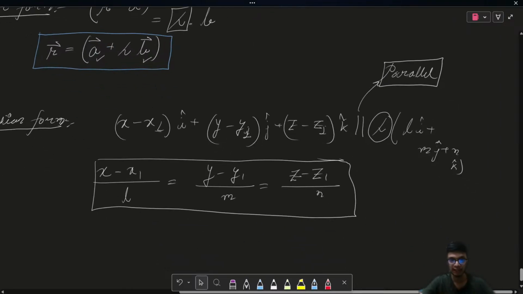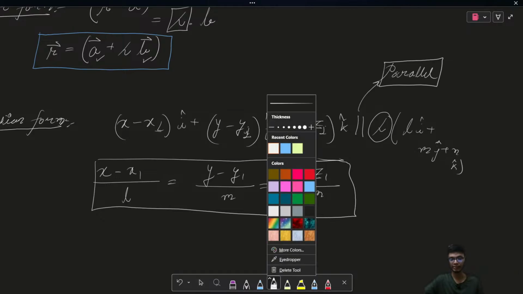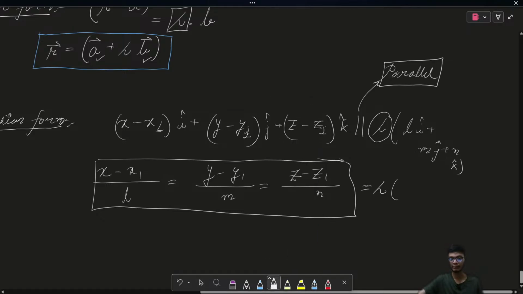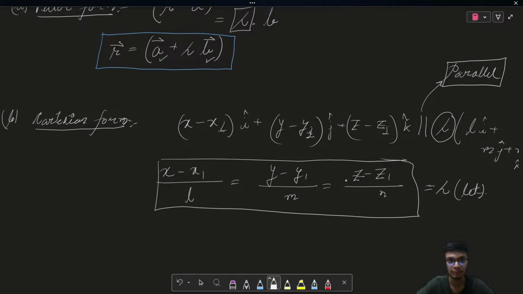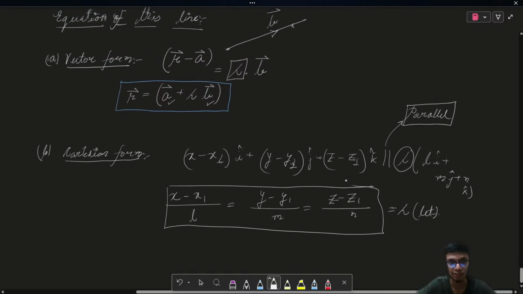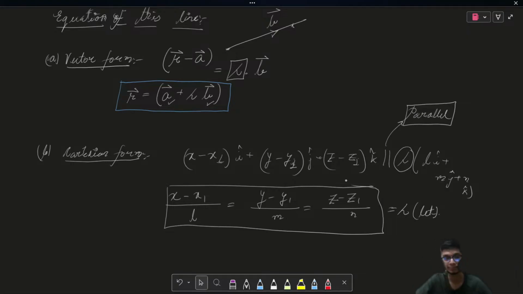This would be a constant, and that particular constant is given as lambda. This is what can also be used to obtain the equation of a straight line in Cartesian form. Is this part clear to all of you? So these are the two forms of writing the equation of a straight line in space. Is this part clear?